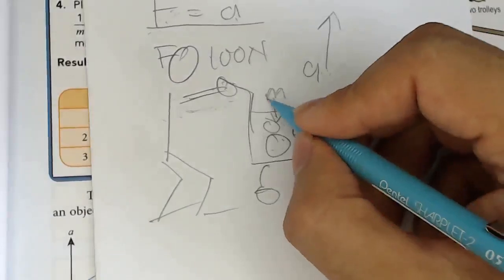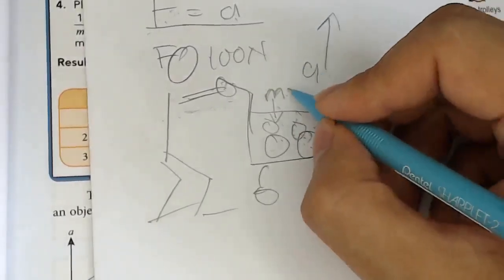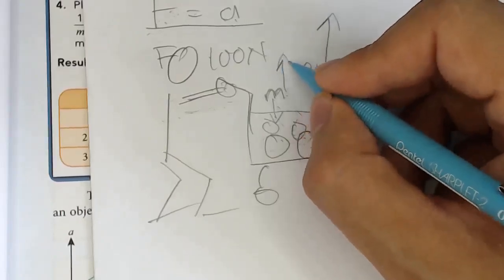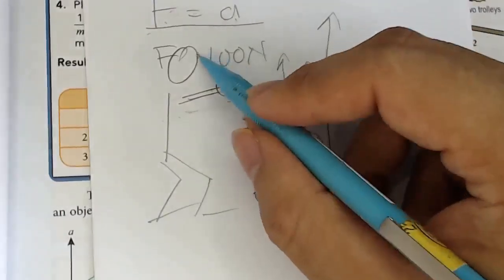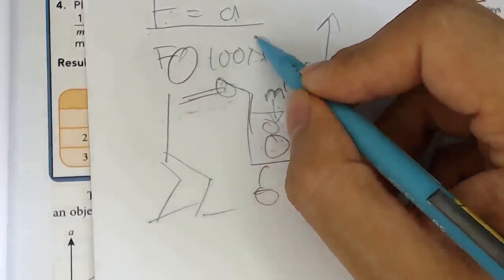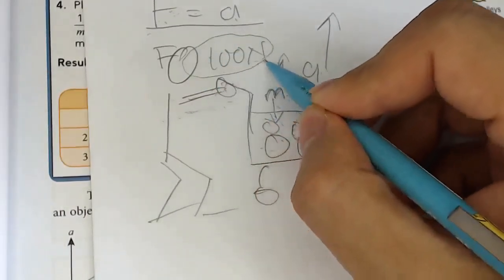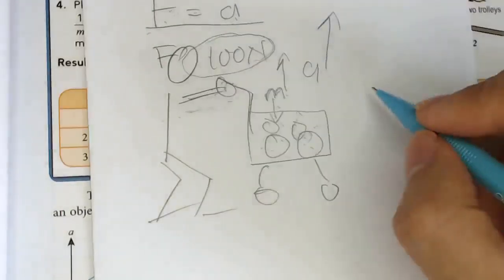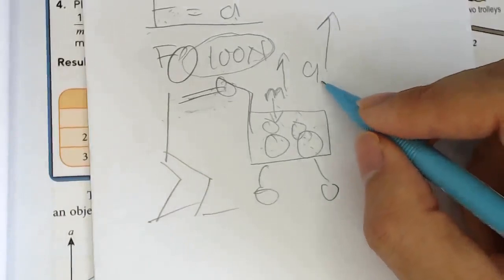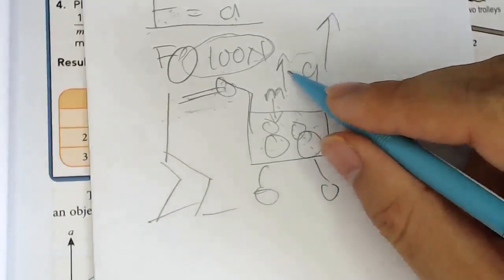After some time, you feel several things there. Means the trolley this time has increased in mass, and you know what? You push the trolley with the same strength, that is the same force, 100 Newton. But this time, what will happen to the A?